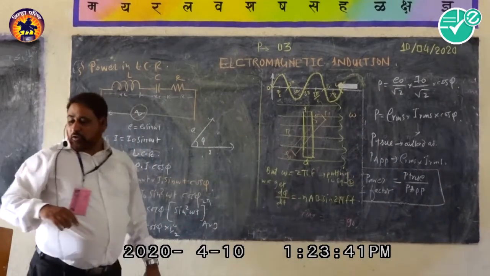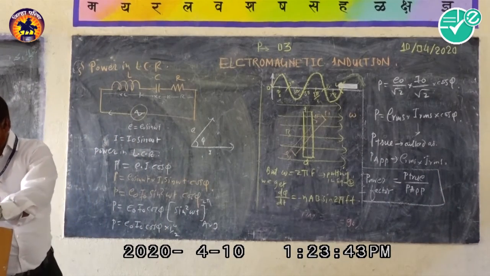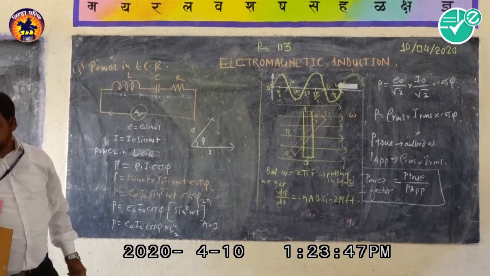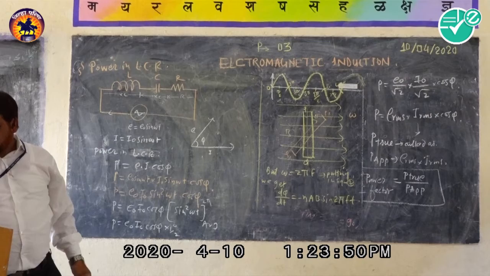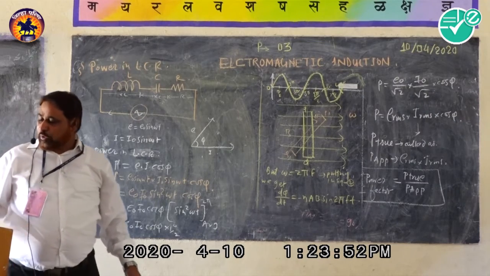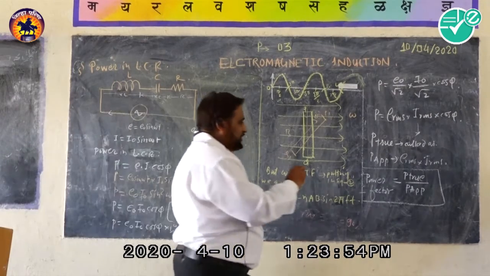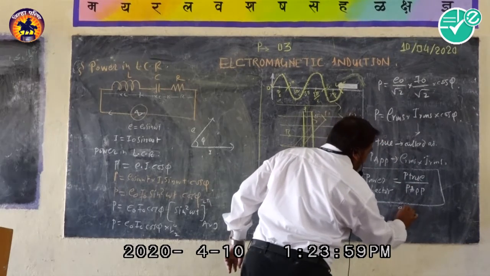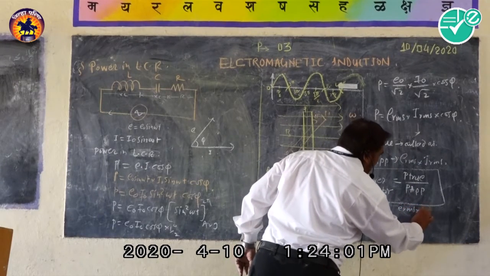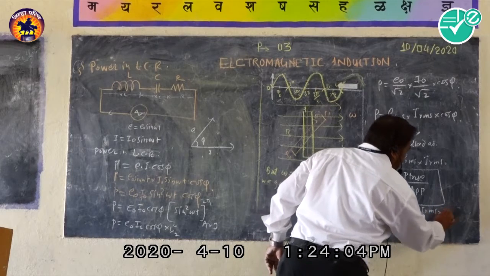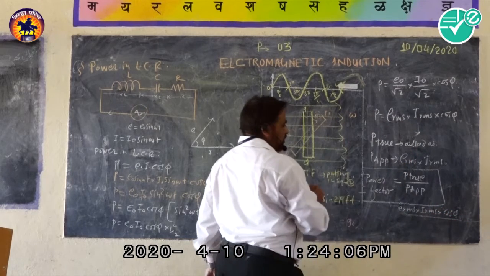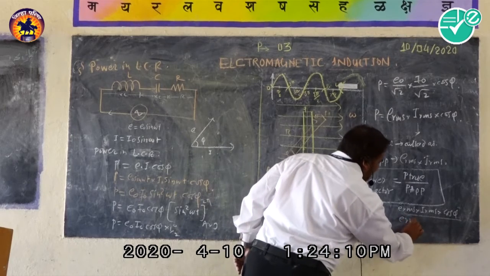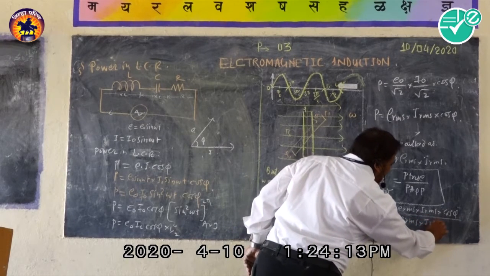In this way, the power factor is ERMS into IRMS into cos phi divided by ERMS into IRMS. After deduction, we get power factor is equal to cos phi. The true power is ERMS into IRMS into cos phi, and the apparent power is ERMS into IRMS.